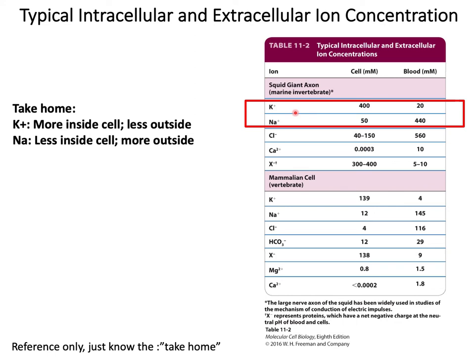So your take-home message, always remember that. We will come to this many times, so always keep this in mind: the potassium ion concentration inside the cell is always high, and outside the cell it is always low. On the other hand, the sodium concentration inside the cell is always less, and outside it is always more.